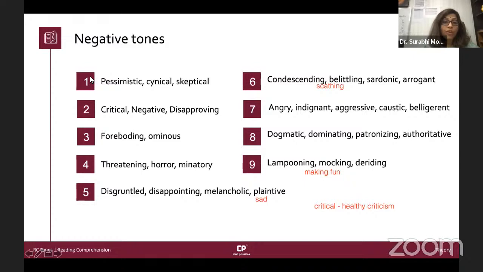So any tones over here from 1 to 9 that you want me to explain? If I can move ahead, then do give me a smiley emoji. Otherwise, if there is any tone that you want me to explain again, please write down the number or the tone.